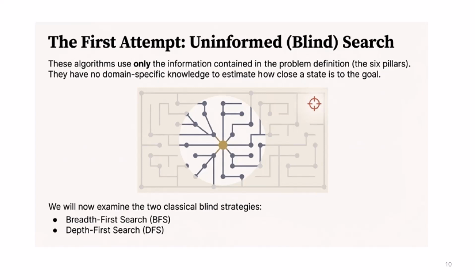They simply follow a mechanical procedure. And we are going to quickly look at the two classical blind strategies. The first one is breadth first search, BFS, and the second one is depth first search, DFS.